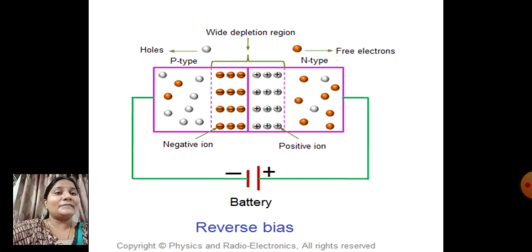will cross the junction. In the same way, when a positive electrode is connected to the n-type semiconducting material, due to this positive supply, the positive charge carriers in the n-type semiconductor are holes, and these holes are minority charge carriers here, and these minority charge carriers will cross the junction, and the majority charge carriers, or electrons, the negatively charged carriers, will be attracted towards the battery positive electrode.